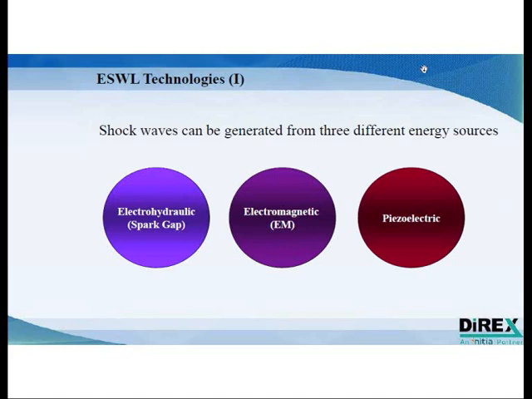This was the first technology to be used in the early 1980s, and is still considered today to be the most efficient way to fragment stones. This is especially due to the fact that the electrohydraulic technology provides a very large focal area. As we just explained, this is the most efficient for good stone fragmentation and lower kidney damage.